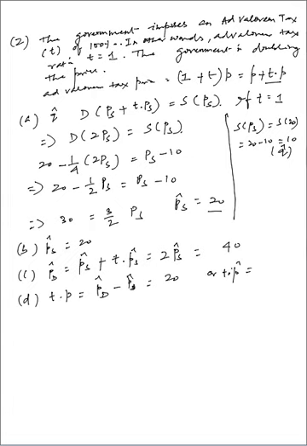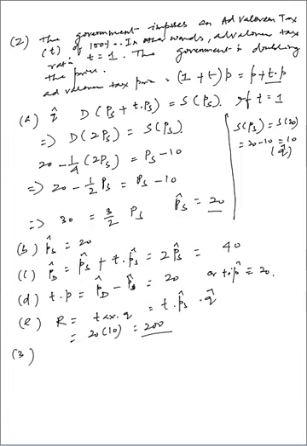Then how much tax revenue is raised? R is equal to tax times quantity, it is nothing but T into Q, that is 20 into 10, which is 200. So this is the revenue which is raised. Now what will be the change in the consumer surplus? How will you find it out? Delta CS will be equal to CS2 minus CS1.